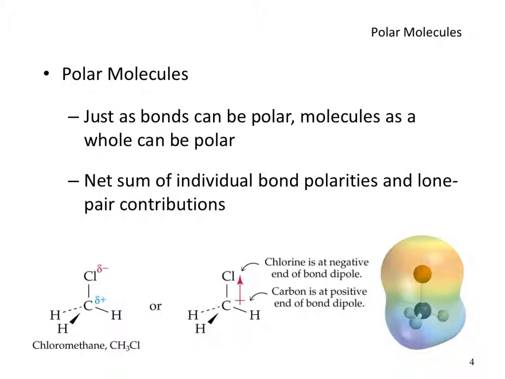So there are two different things. One that we called a bond dipole, which is evaluated by looking at the difference in electronegativity, and if that difference lies between 0.5 and 1.7, then we would say that this would be a polar bond.